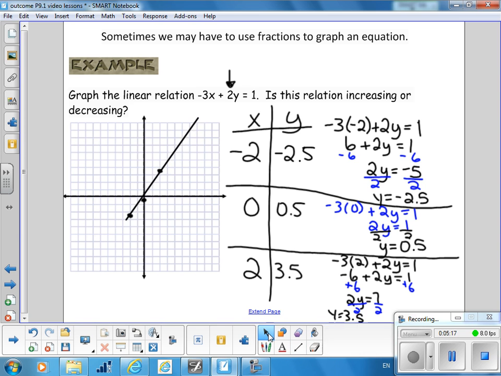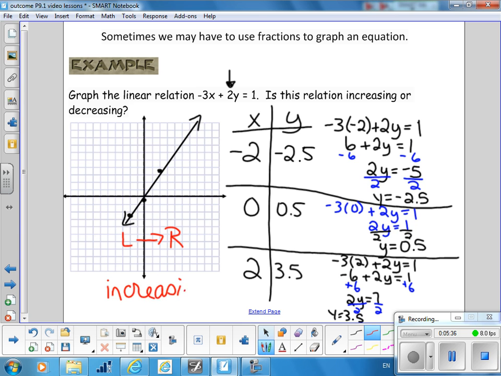And then we put arrows on both sides. And now what we can do is we look at increasing or decreasing. Here's our left point going towards our right. It is rising, so this is an increasing relation.